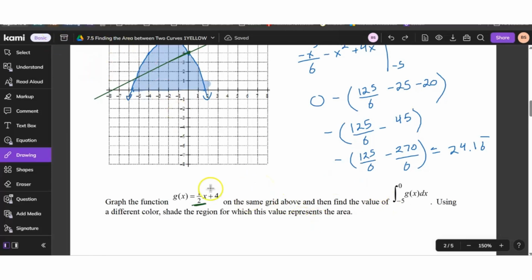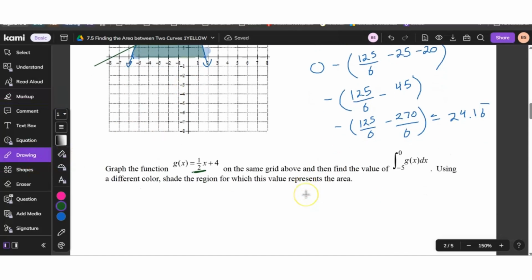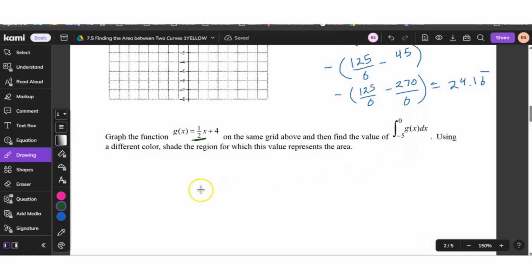Okay, so now that I've got that, I'm going to shade it. Use a different color, shade the region below. So we're going to shade this part. And then we're going to find the integral from -5 to 0 of 1/2 x plus 4 dx.